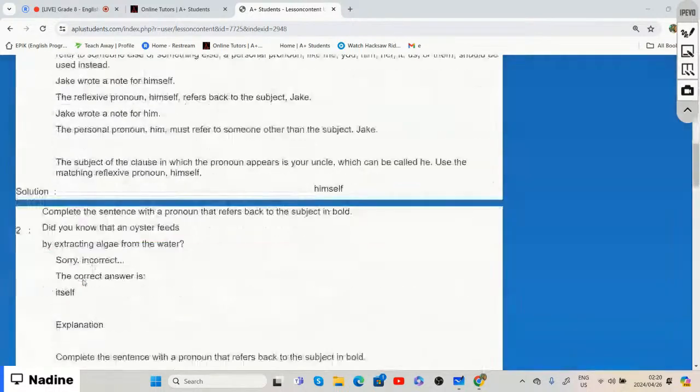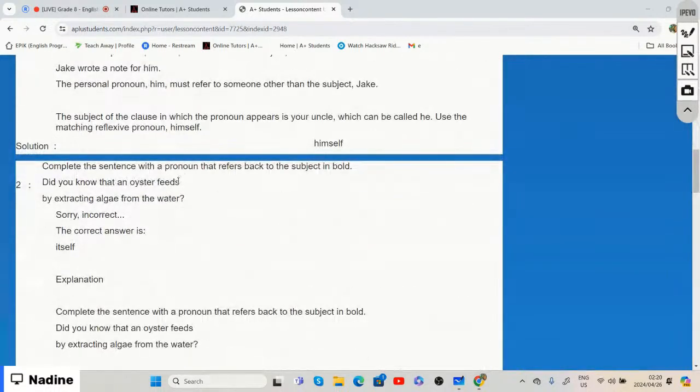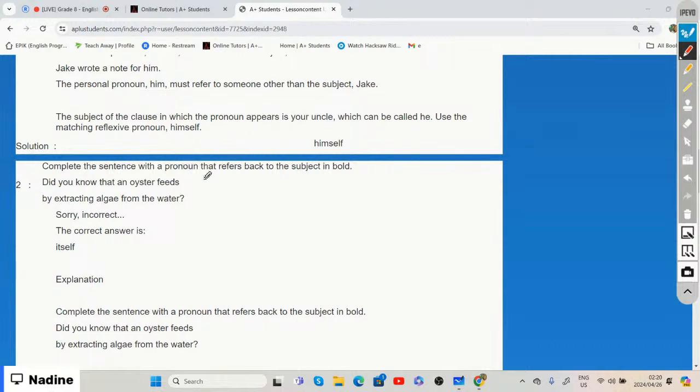All right. Did you know that oysters feed? We can refer to oysters being it. So we can say itself by extracting algae from the water.